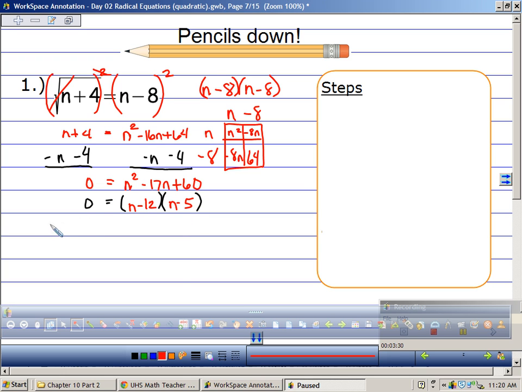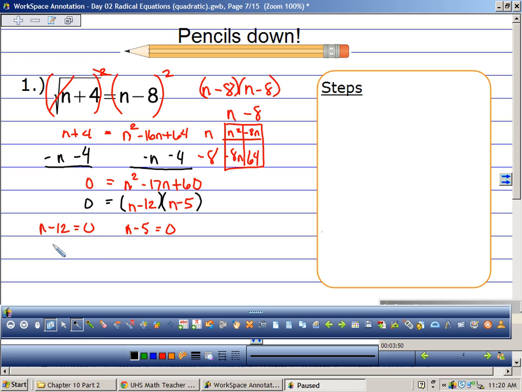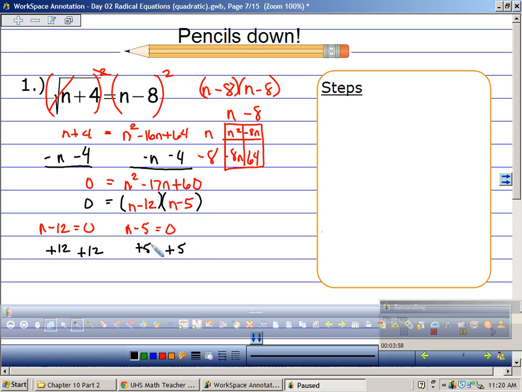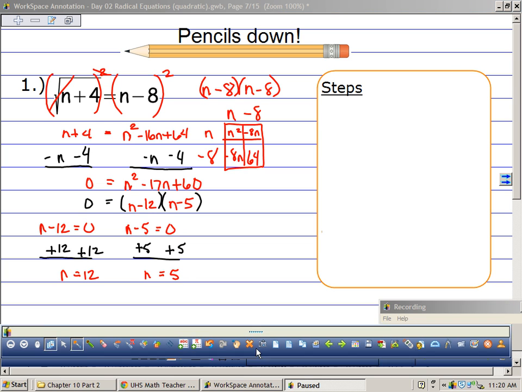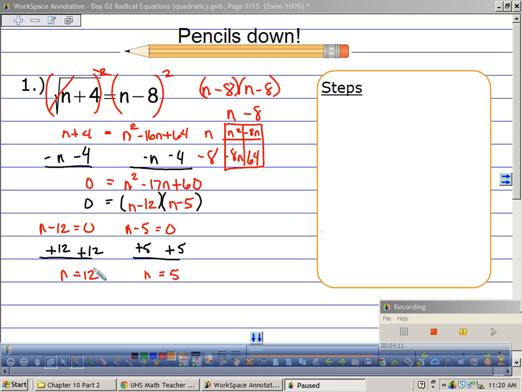The last thing I need to do is set both of these equal to 0. When I do that, I'm going to add 12 to both sides and 5 to both sides, and I get a solution of 12 and 5.